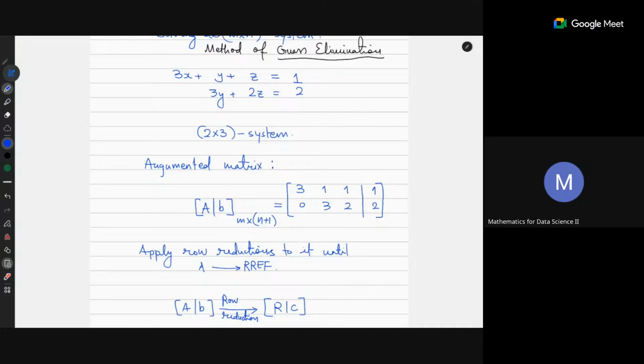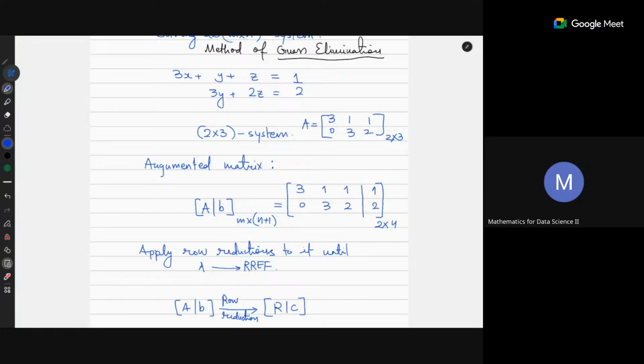Here was a matrix of 2 cross 3. This is your coefficient matrix. Now I have added this column vector, and I get a new matrix which has 2 rows and 4 columns.